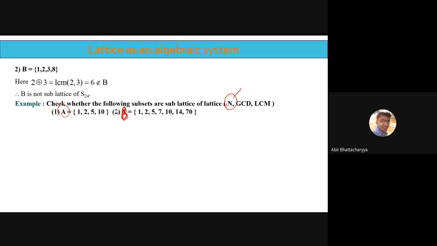They always belong to N; that is not my concern. Our concern is whether the GCD and LCM belong to A or B. Okay, Matthews, good response from Matthews. All of you can refer to Matthews' work.